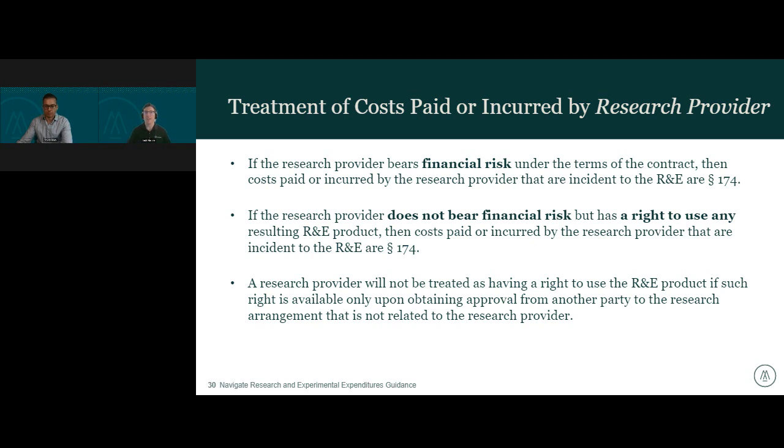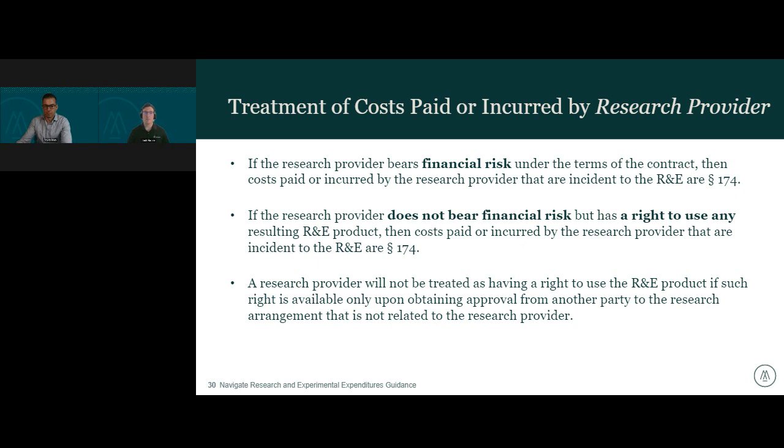So to recap the different scenarios, if the research provider is at risk, the expenditures incurred for R&E are going to be Section 174. If the research provider has rights to use the R&E in its trade or business, or otherwise exploit it, the expenditures are going to be 174 for the research provider.